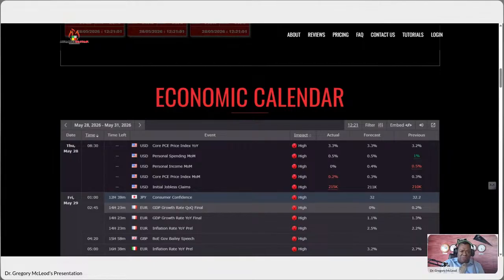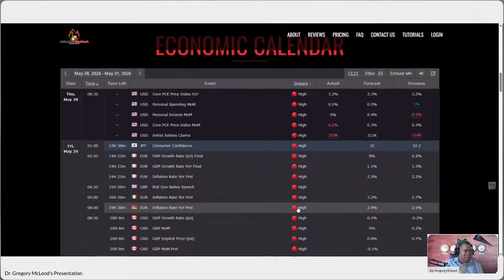Shorted the Aussie, made some pips there. But it really didn't move a whole lot. It wasn't until the economic data that came out at 8:30 Eastern time, which really drove the market and saw a big move. So if you are trading and not looking at the economic calendar, you're really doing yourself a disservice, okay? So let's go ahead and jump into it.